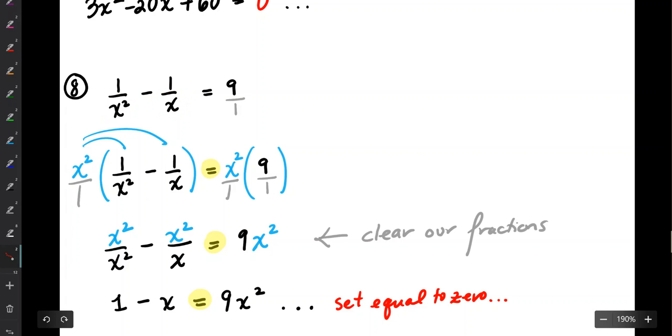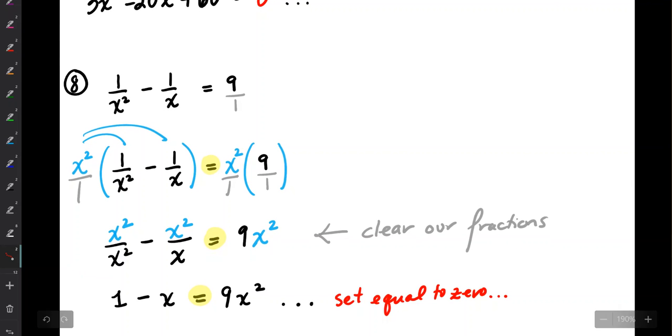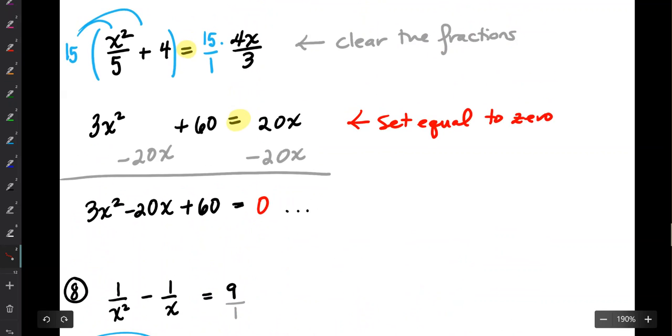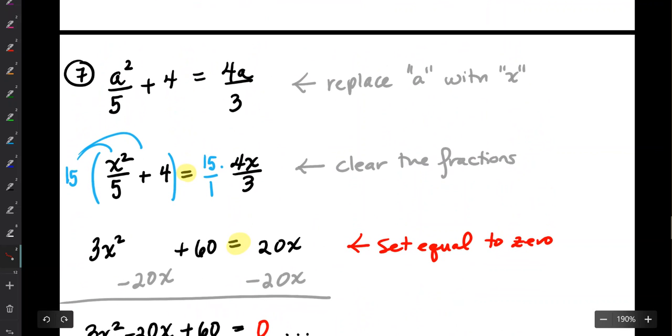It's still the same strategy. We're multiplying both sides by that least common multiple to clear those fractions. The only other strategy that I had in here, which is entirely optional, is when we are given letters like A, B, or C. I think it's useful to replace them with X simply because the quadratic formula has A, B, and C in it. All right. Thank you guys so much.